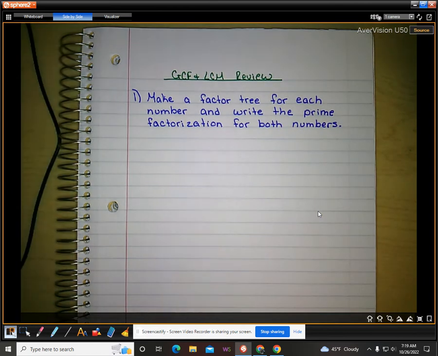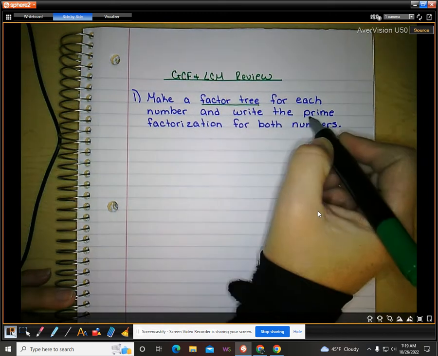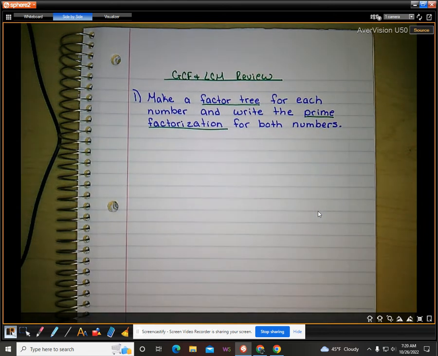Now, last week, you have notes on making factor trees and writing prime factorization. So if you don't remember how to do a factor tree or prime factorization, you can go back and look at those notes.